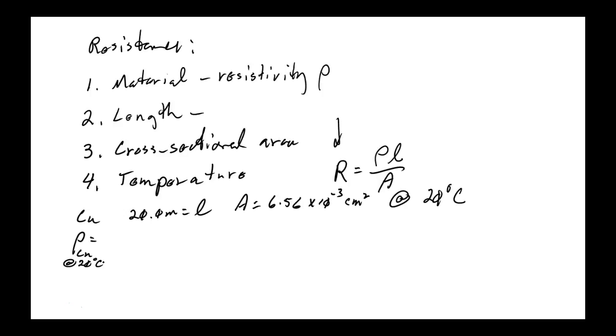I think it's a little above 20 degrees Celsius in here, but it's right. 68 degrees Fahrenheit, 20 degrees Celsius, right at room temperature. So at room temperature, the resistivity of copper is 1.72 times 10 to the minus 6 ohm centimeters. That's what we measure resistivity in. It's resistance per unit length.